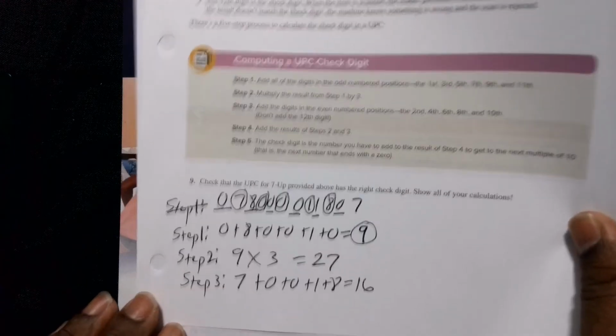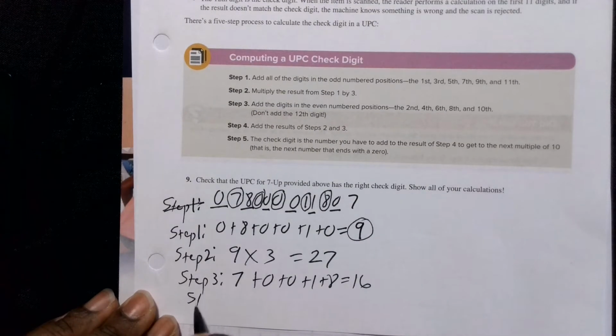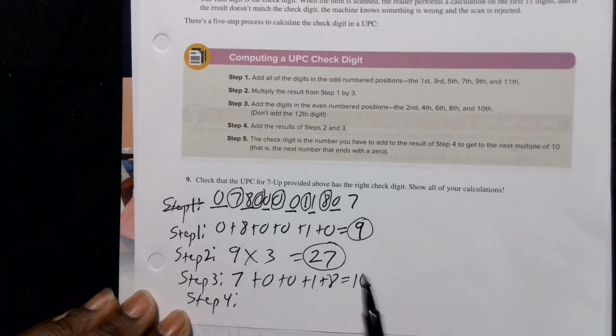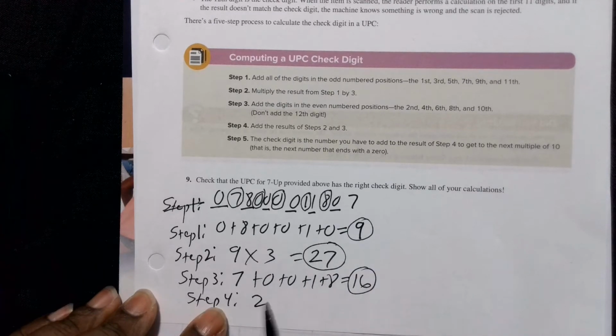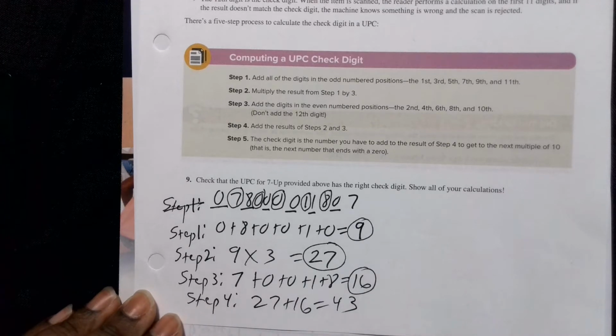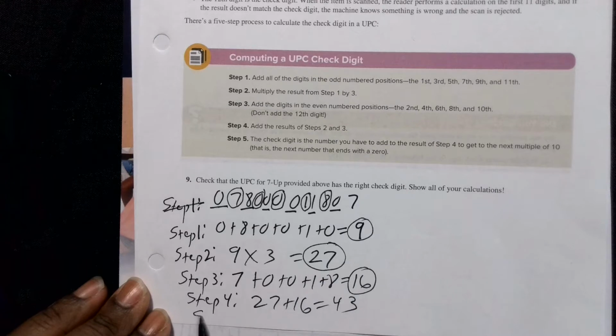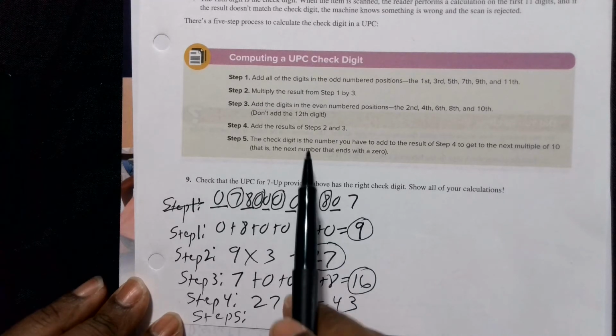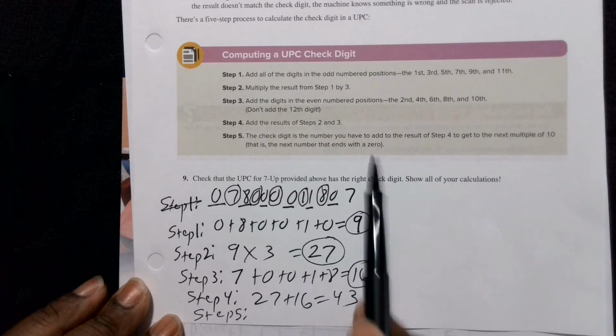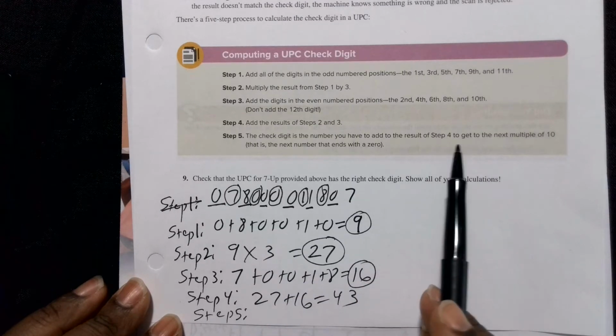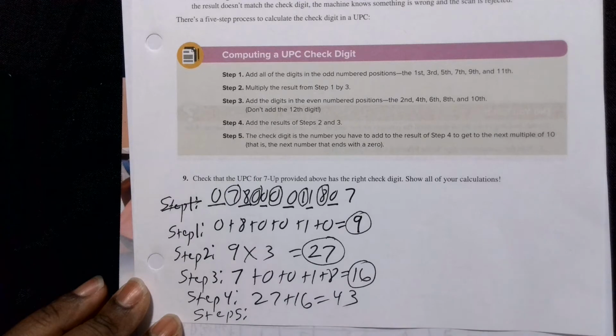Now step 4, we're supposed to add the result from step 2 and step 3 together. So it'd be 27 plus 16, which is 43. Now for step 5. Remember, it says the check digit is the number you have to add to the result of step 4 to get to the next multiple of 10.